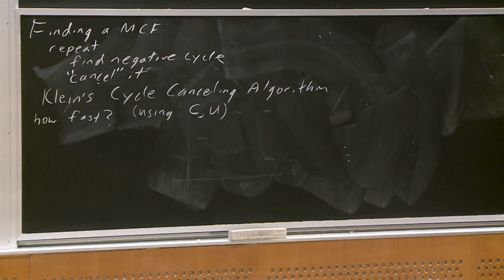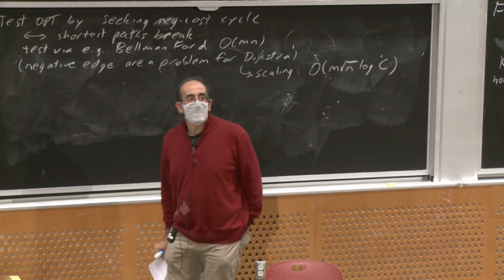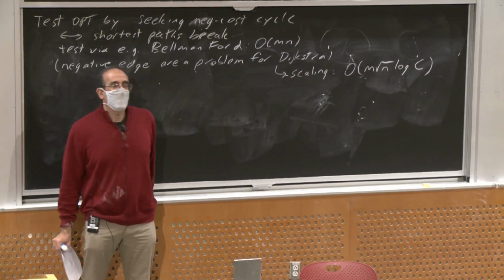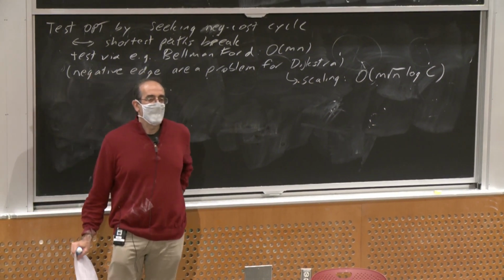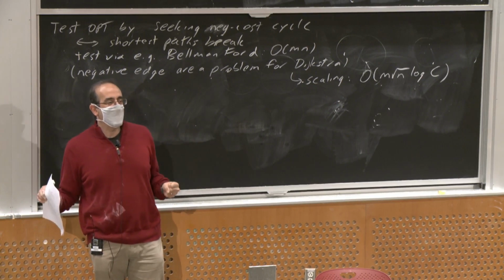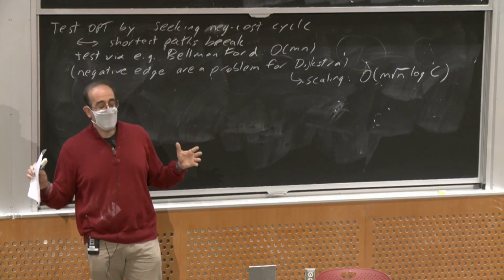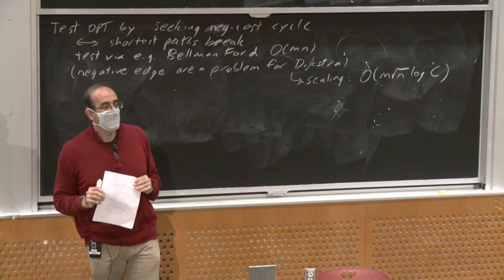But what is the dependence on these quantities and on the graph size? Well, so here again, it's about understanding what sort of progress a single cycle canceling step takes towards optimality.